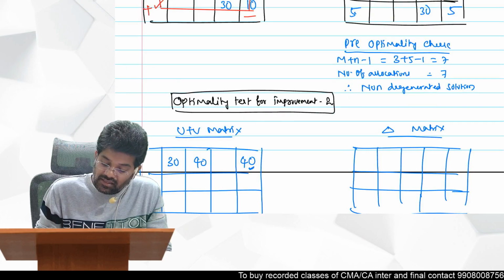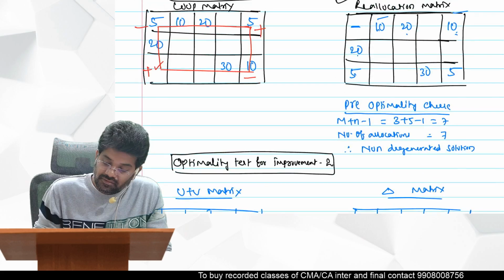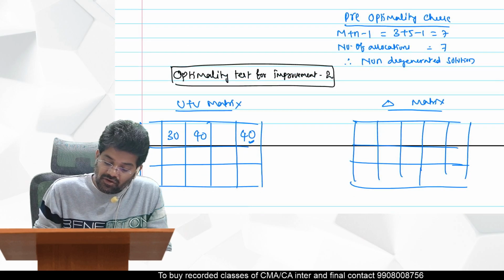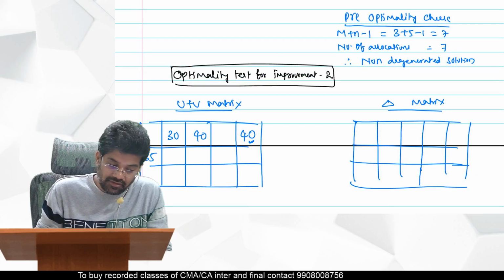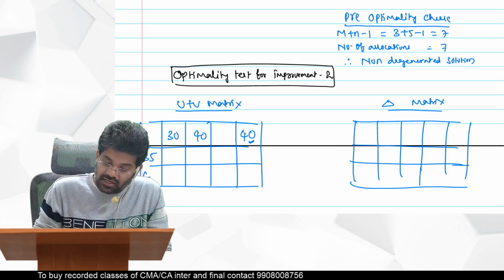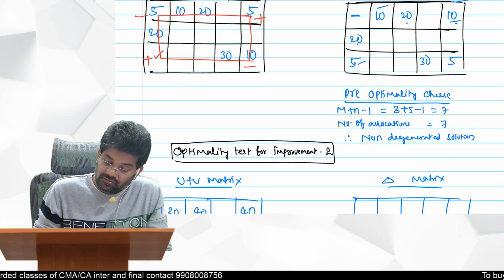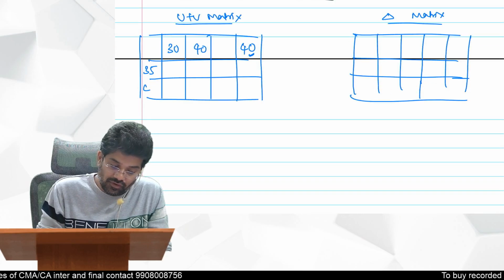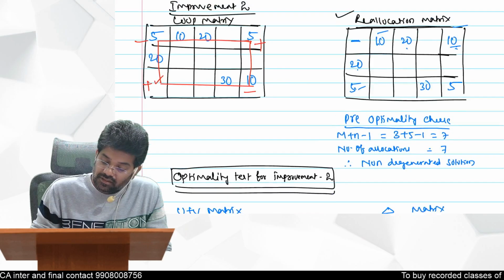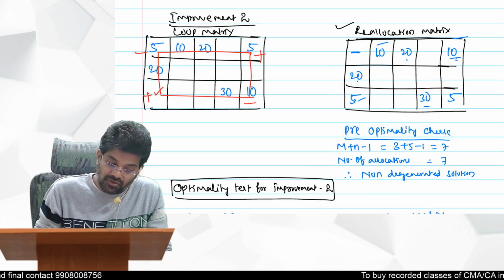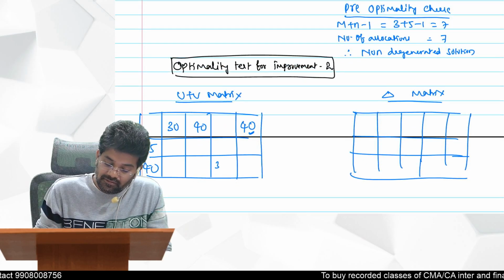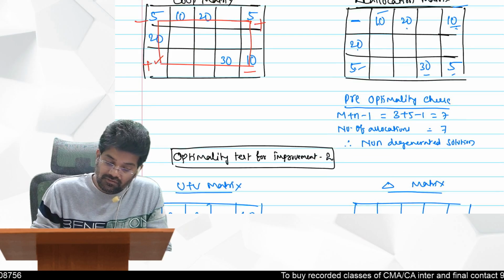There is an allocation, there I should take the cost, that is what U plus V matrix means. Then here also there is an allocation, cost of this is 35. Here also, cost is 40. Then here also an allocation, cost 35. Here also an allocation, cost 30.